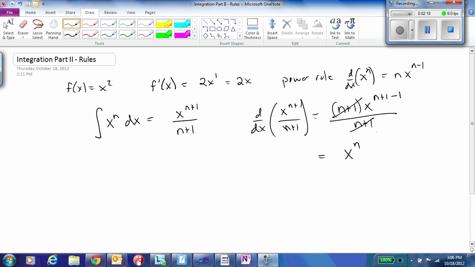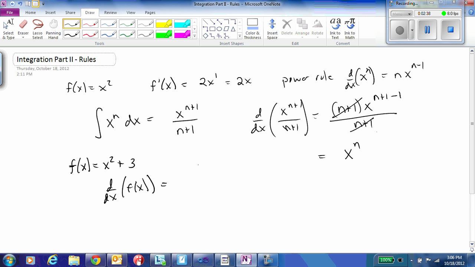Okay, so let's figure out what happens to a constant that might have been in the equation originally. So if instead of f of x equals x squared, we had f of x equal to x squared plus 3. If we differentiate this, take our first derivative, using the power rule, we get an answer of 2x. Perfectly fine.